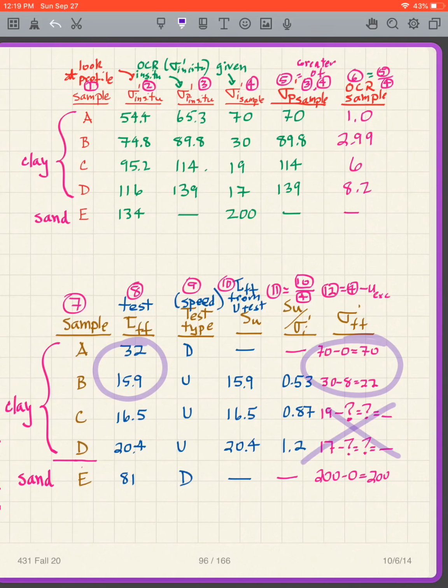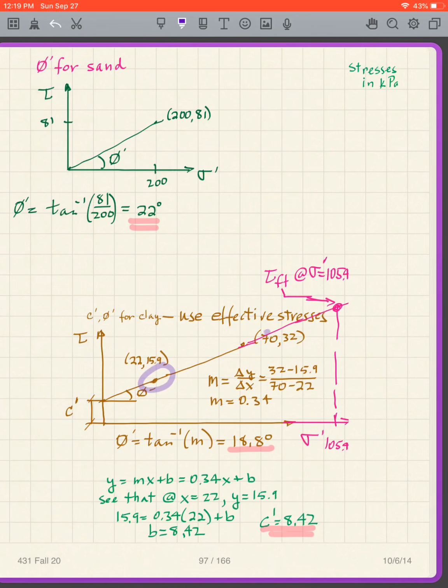So I have to use those 2. I'm taking those sigmas and those taus, and I put them here. I'm not going to go through this again, but once we've got these 2 points, I can draw that line. I get the slope, I get the intercept. So I get my phi prime and I get my c prime for that.